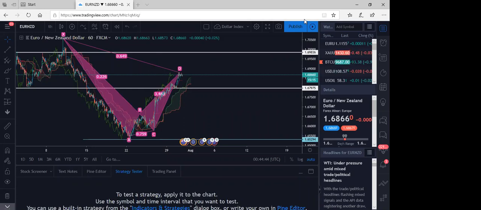All right. To enter, do you have to wait for a specific pattern to form? No, you actually don't. But it is nice if you do wait for candles like these right here.